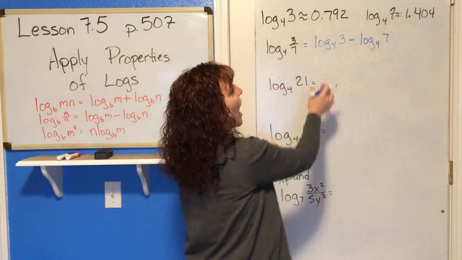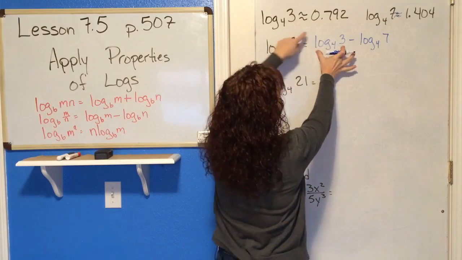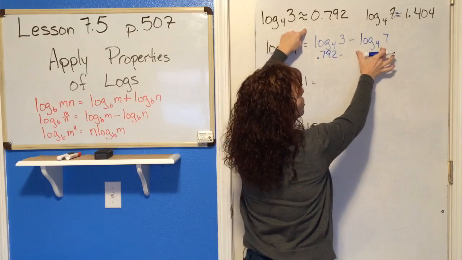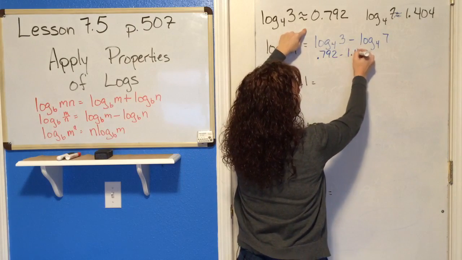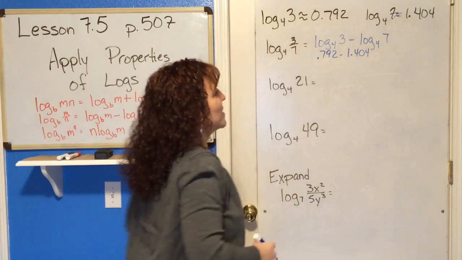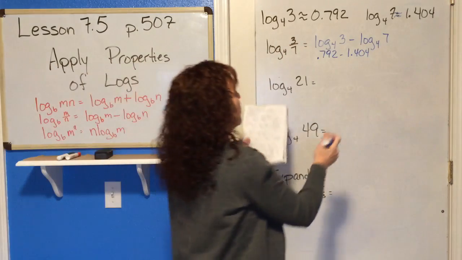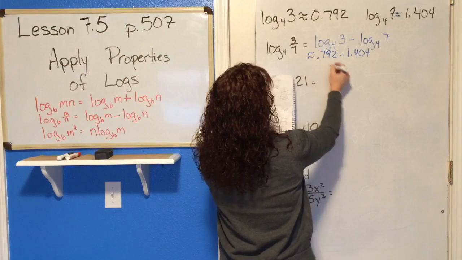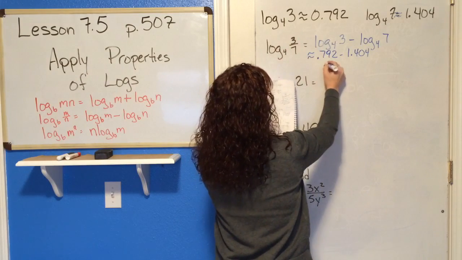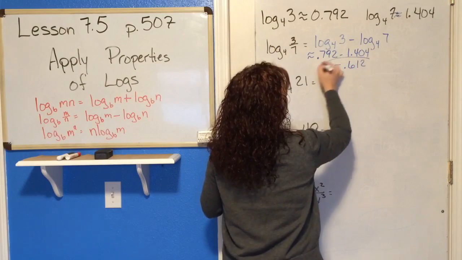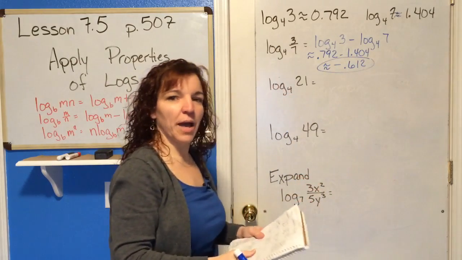And so then I know the log of 3 is this, and I know the log of 7 is this. And so now I simply subtract those amounts. I've already done it on my handy calculator. So the log of all of this is approximately equal to negative 0.612. And you're done.